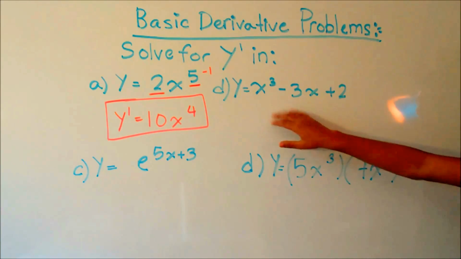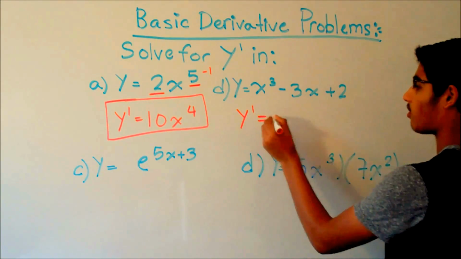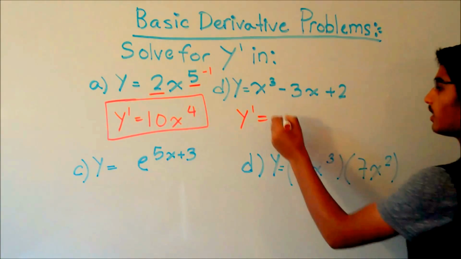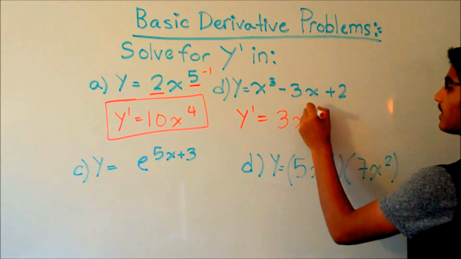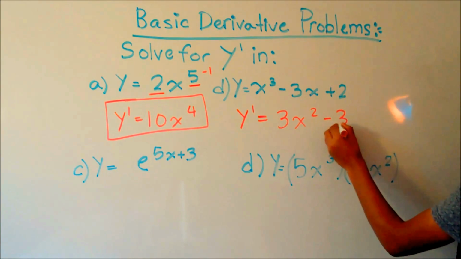Now let's move on to problem B. So y prime would be, again we see that we have to use the power rule. So you bring the 3 down, multiply it by the coefficient of 1, 3x to the second power, 3 minus 1 is 2, minus 3.